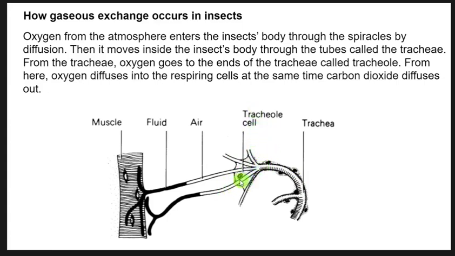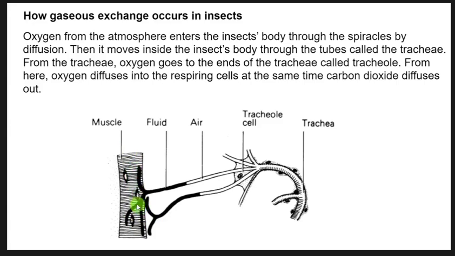Now at the end of the tracheal, you find that there's a fluid. So air dissolves into this fluid, and then it goes into the tissue. In this case, there's a muscle, and there it goes for respiration.